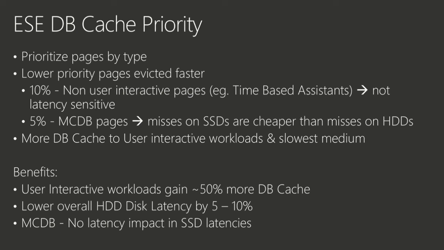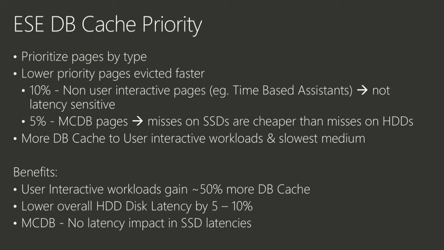One is pretty obvious: if you're non-user interactive, you can be delayed, so you're not so latency sensitive. For example, time-based assistants, because they can be delayed, they're doing machine learning or something like that, they don't have to serve that I/O straight away. So we're going to push them to be the lowest 10% of the queue.